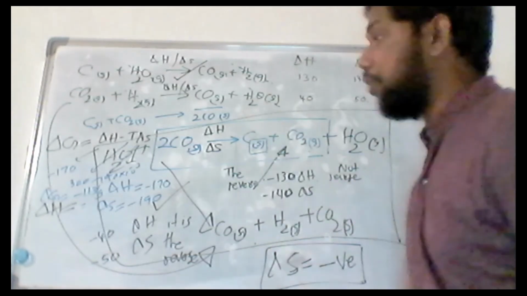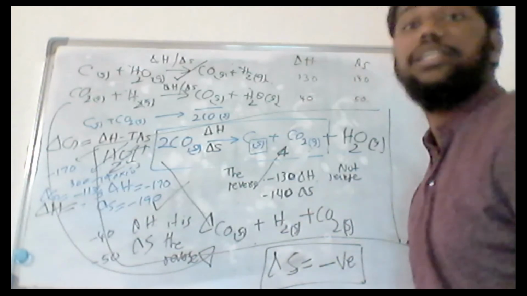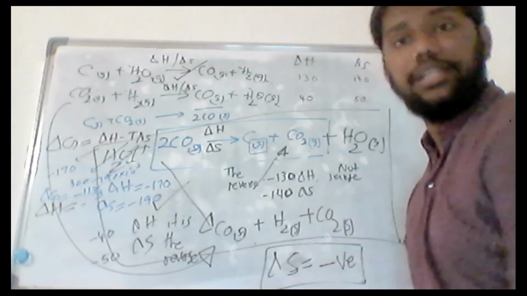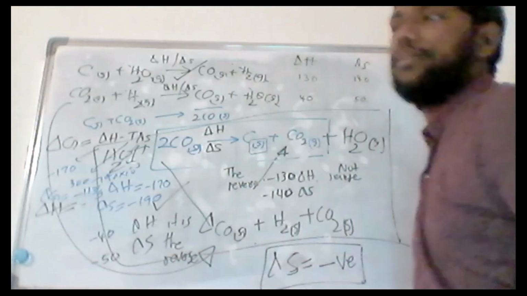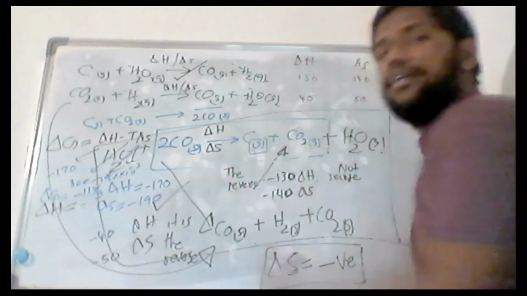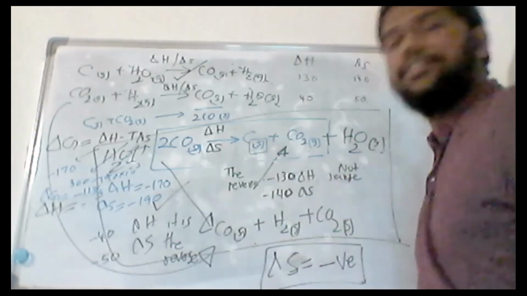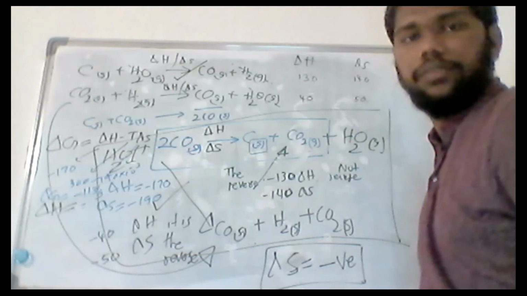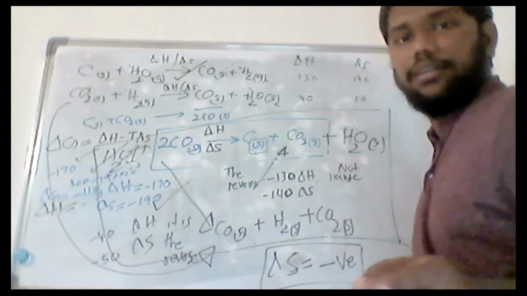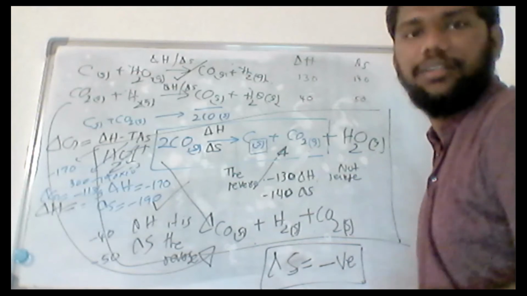But in fact, when you find delta G, you see it is a negative value, so this reaction is actually spontaneous. So even though the entropy is decreasing, according to the information that they have given, this reaction is spontaneous. Okay, but don't forget, these are not standard conditions. That is the important part.